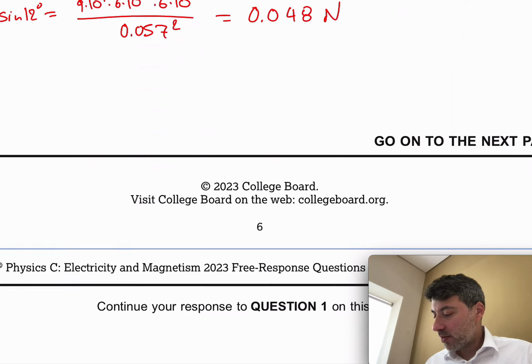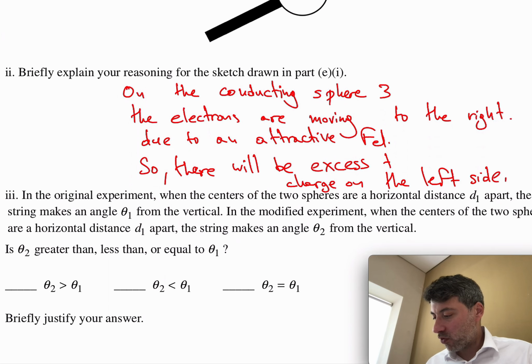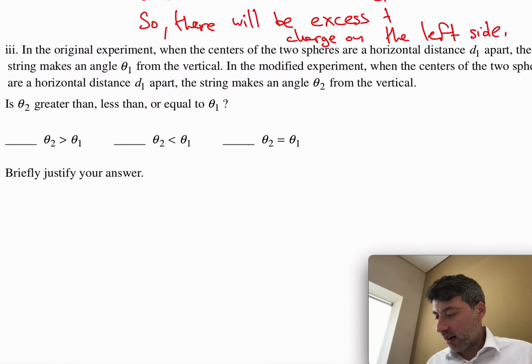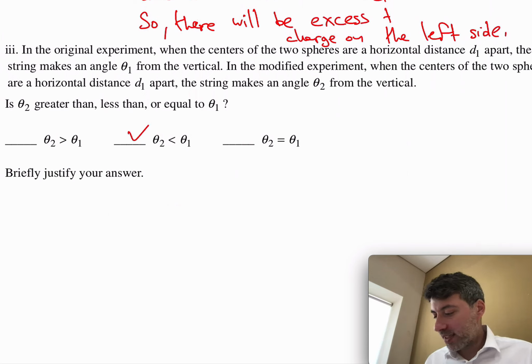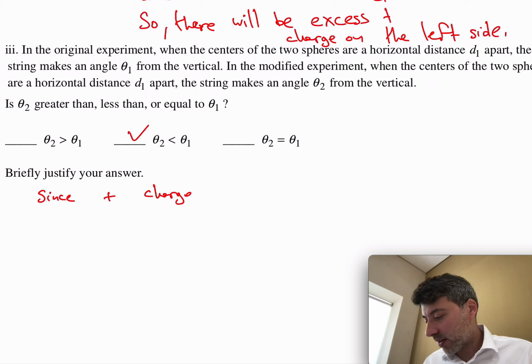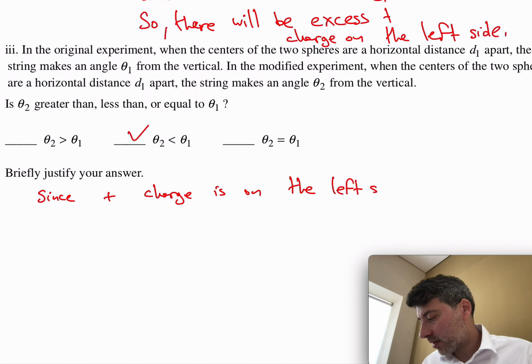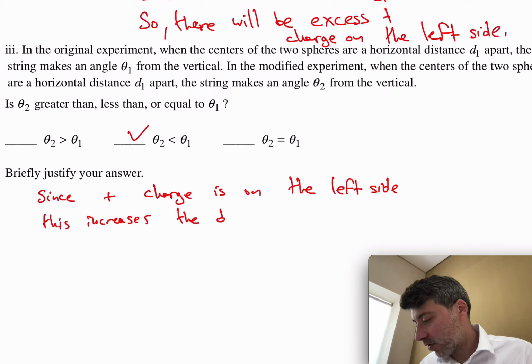So this is what we will try to explain with a few words, that the new angle is smaller than before, since positive charge is on the left side. This increases the distance where the force is applied.